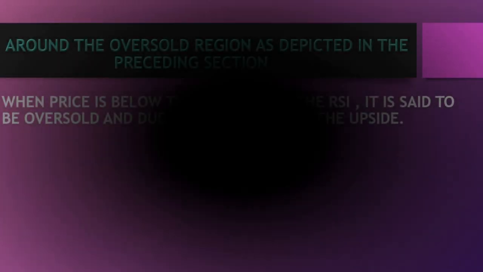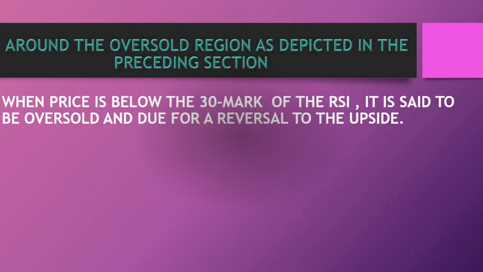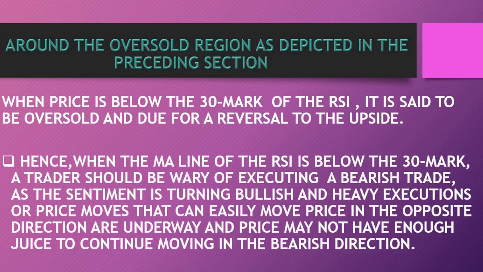Around the oversold region as depicted in the preceding section, when price is below the 30 mark of the RSI, it is said to be oversold and due for a probable reversal to the upside.